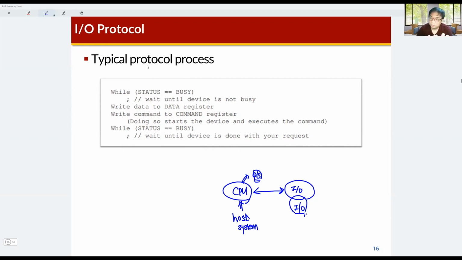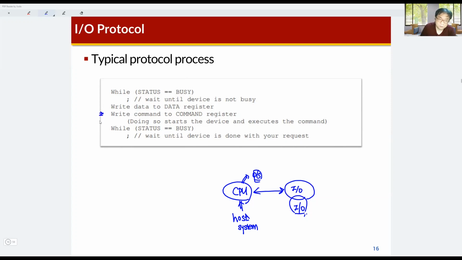In order to control this I/O device, we need to set a protocol. A protocol is a promise for communication. This protocol is defined, and based on this defined protocol, the operating system delivers commands to the I/O devices.